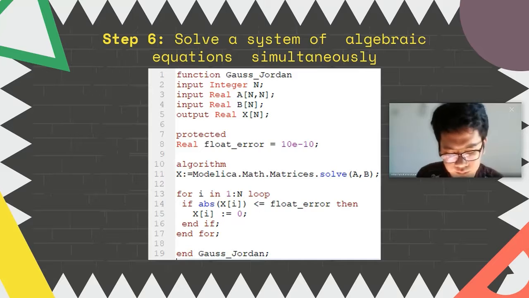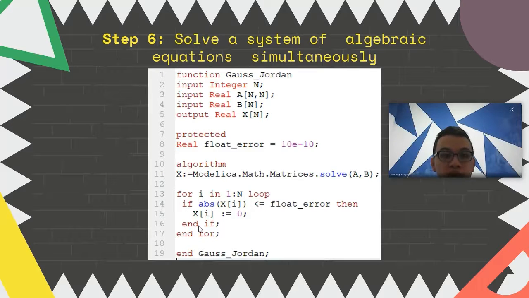Next, for step 6, we solve a system of algebraic equations simultaneously. So we use the Gauss-Jordan function, with input integer n, input real a n comma n, input real b n, and the output is the real x n. Then for the protected function, real float error 10 to the power of minus 10.